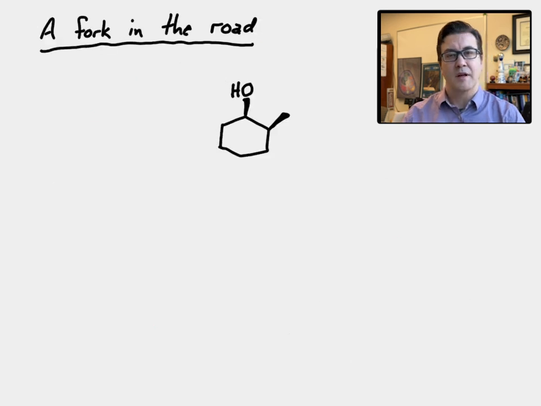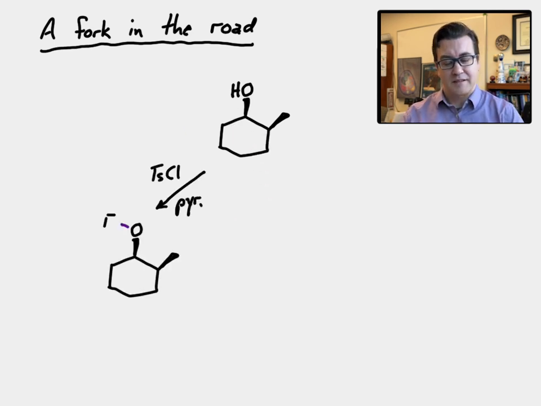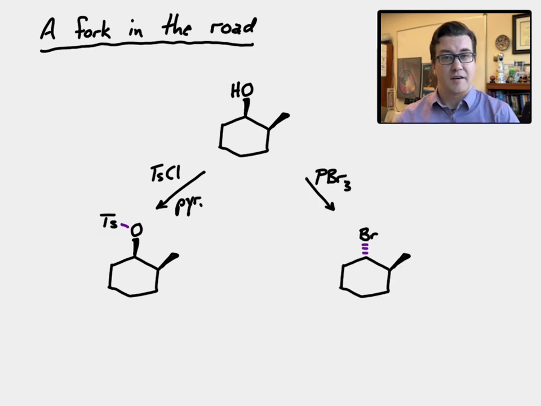So let's look at an example where we could use this synthetically. If we had this starting alcohol and we wanted to activate it to make it a good leaving group, we could turn it into a tosylate. Again, the bond we've formed here is between this oxygen and this tosyl group, so it's highlighted in purple. Alternatively, we can invert that stereocenter with phosphorus tribromide to give us this alkyl halide here.